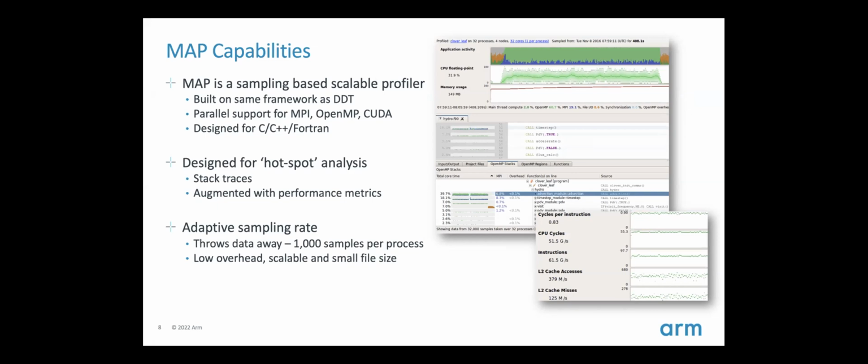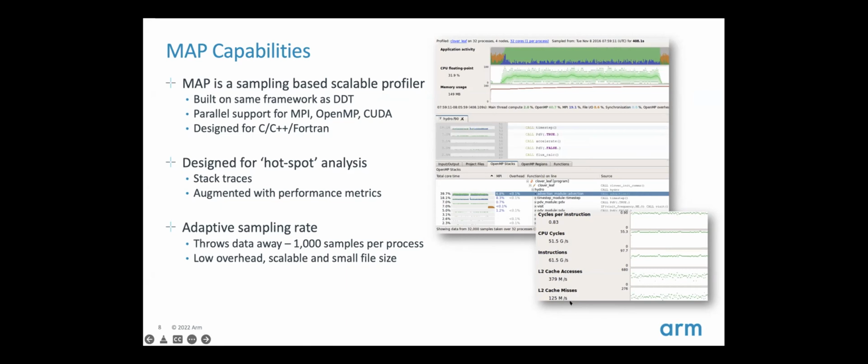Or if some of your subroutines are too fast and missing the sampling rate, you can actually increase it to get those. That's been useful for me because you work on everything, at least I do, from single processor up through thousands of processors. And sometimes on the single processor benchmarks, they can go too fast for some of the sampling rates. So it's nice to be able to adjust that.